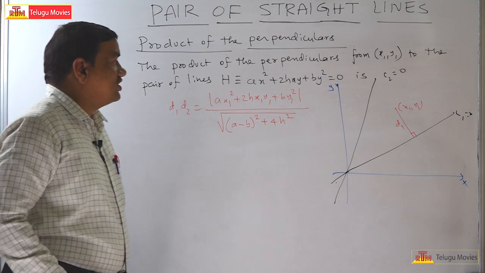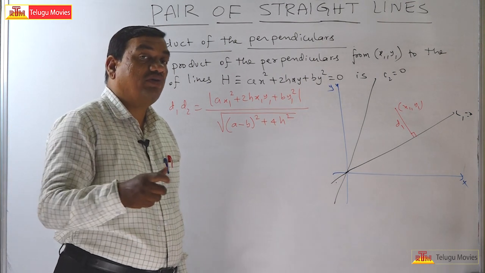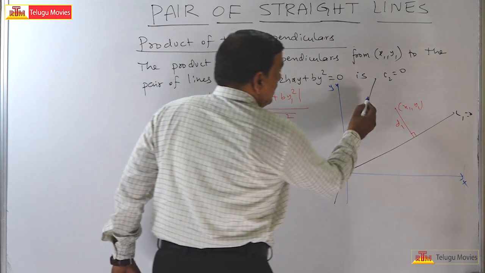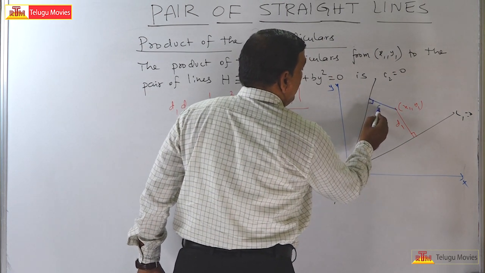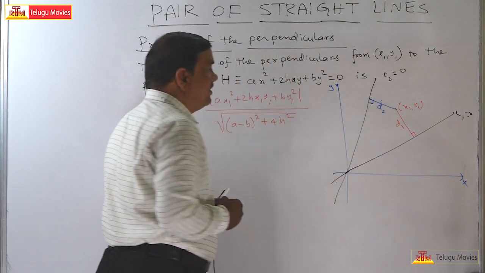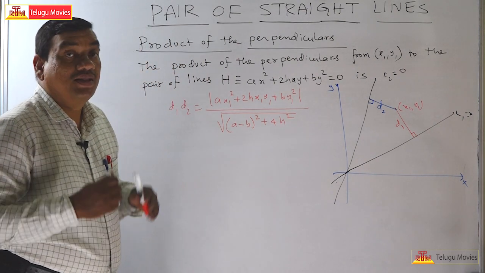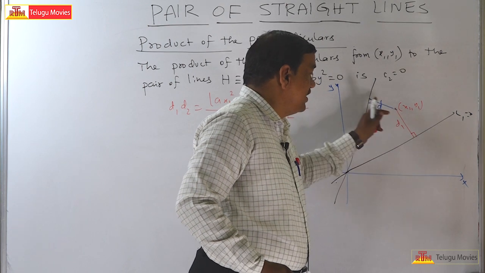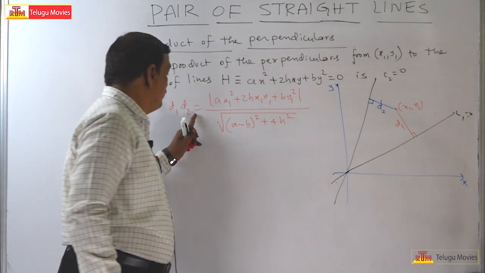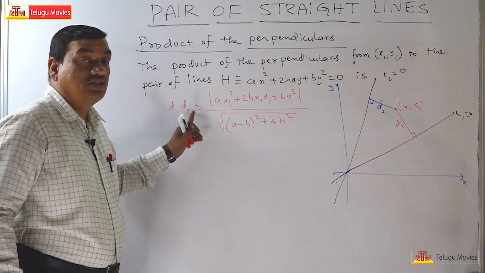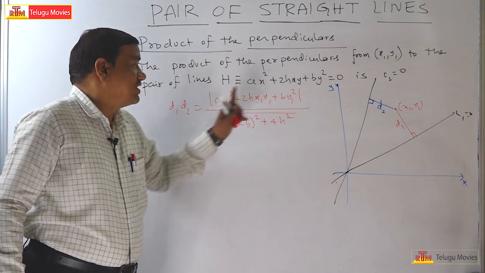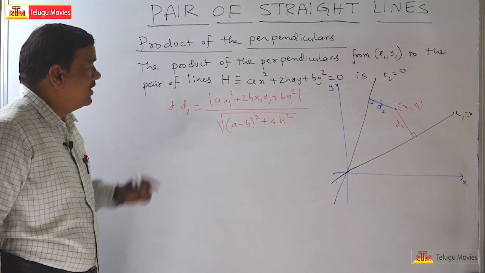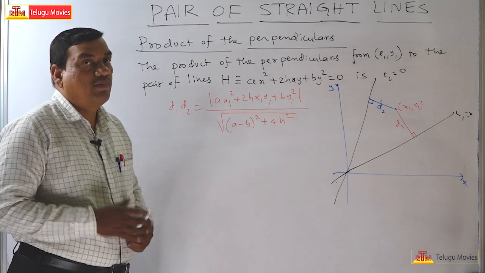You know the perpendicular distance formula, modulus of ax1 plus by1 plus c by root of a square plus b square. Let the perpendicular distance from this point to the second line be d2. Then the product of these 2 lengths, d1 into d2, is given by modulus of ax1 square plus 2hx1y1 plus by1 square by root of a minus b whole square plus 4h square.